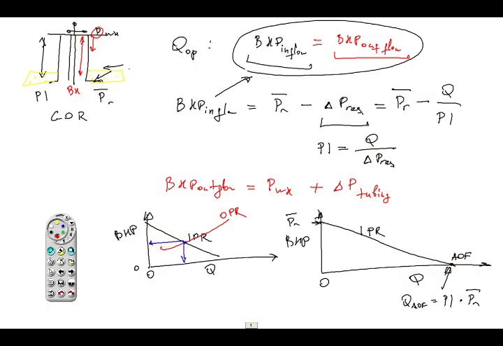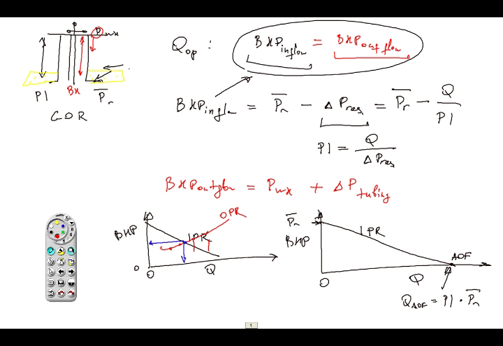So if I find my different BHP at different rates, 1000, 2000, 3000, 4000, then I will be able to draw this curve here, and then I will be able to find the intersection point.